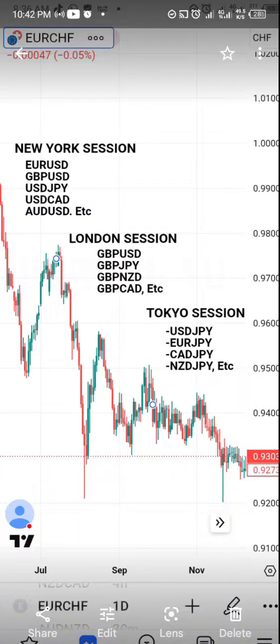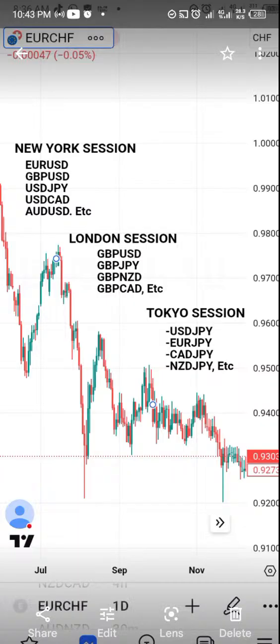So now the New York time is the busiest time ever in the market because that is when the big boys come on board. And that time zone is like a range where almost all regions can be in the market.